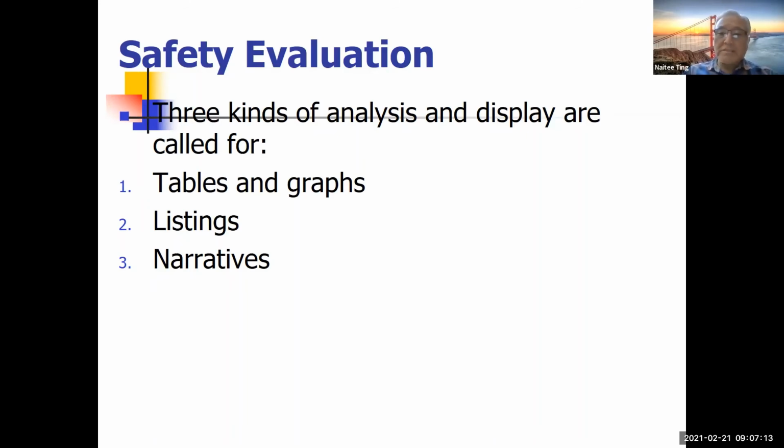So the listing is basically every page of AE becomes a line on your listing report, which is your listing of the AEs. So the listing goes like this. You have treatment group, right? So if I start with placebo, within placebo, I have patient number 1, patient number 4, patient number 6, or whatever patient.